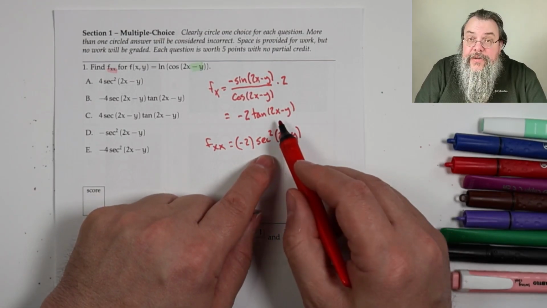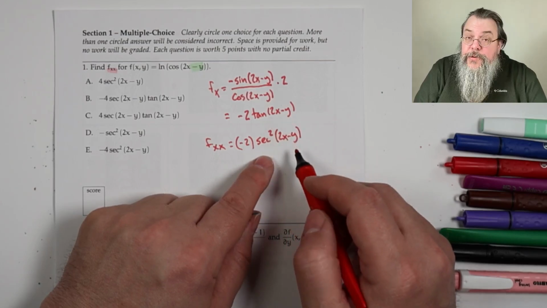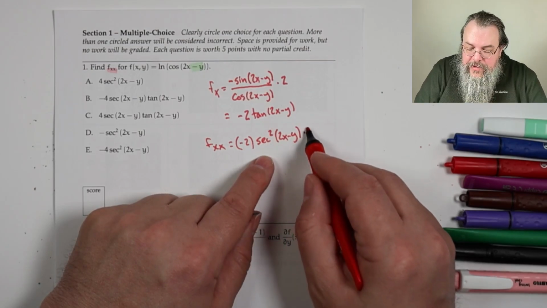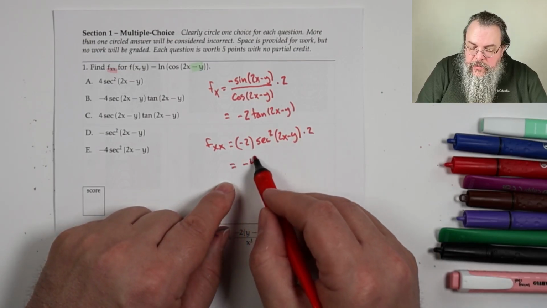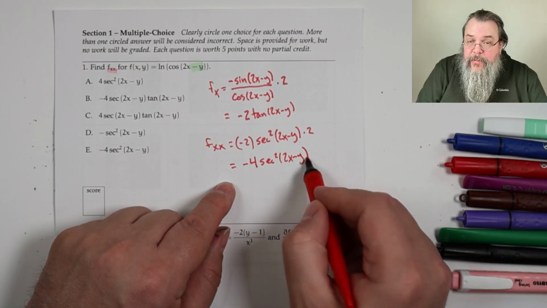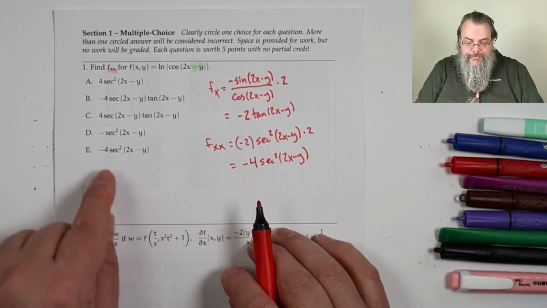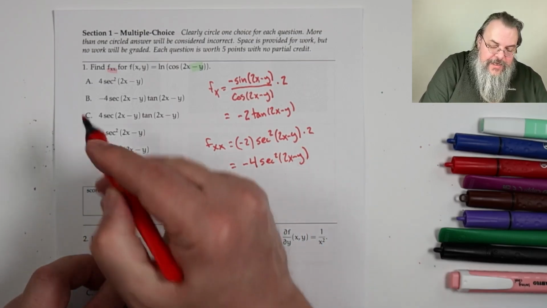Times the derivative of the inside. And the derivative of 2x minus y with respect to x is a 2. So minus 2 times 2 makes minus 4 secant squared 2x minus y. E. Minus 4 secant squared 2x minus y.